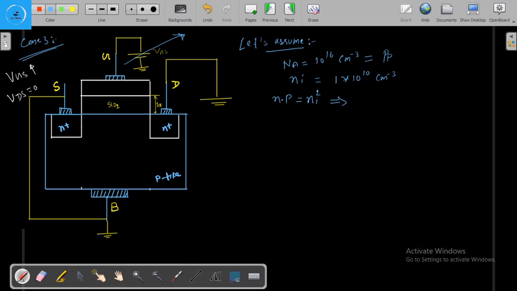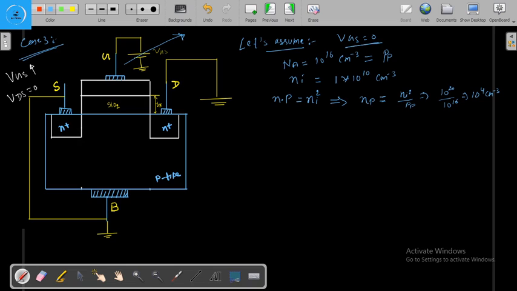So from here we can say that the concentration of the electron will be equal to Ni square divided by Pp, and this will be 10 to power 20 upon 10 to power 16, which is equal to 10 to power 4 per centimeter cube.